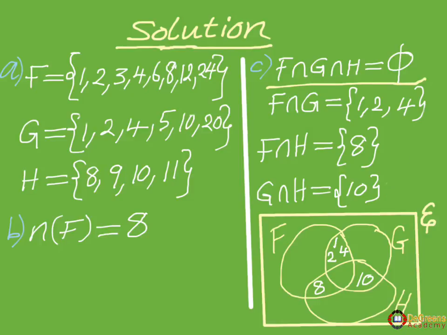Now we take each set. Look at the set F. Looking at the Venn diagram, for the set F, we have already written 1, 2, 4, and 8 within that circle for F. Therefore, the remaining values, which are 3, 6, 12, and 24, should fall in this region.